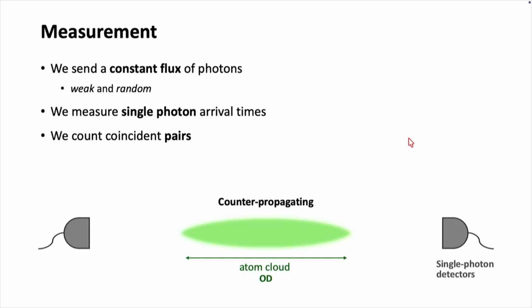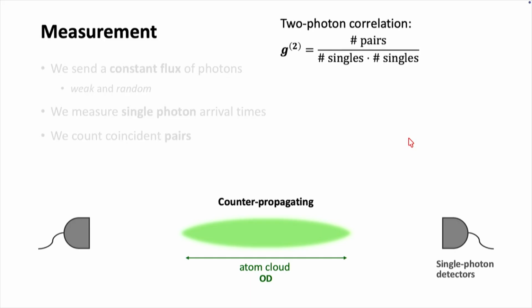And now we are ready to calculate our final result, which is our holy grail, which is called the two-photon correlation, G2. So it's basically the ratio between the number of pairs that we've got and the number of single photons. In other words, it's just the ratio between how many pairs of photons we measured and how many pairs of photons we expected to measure.